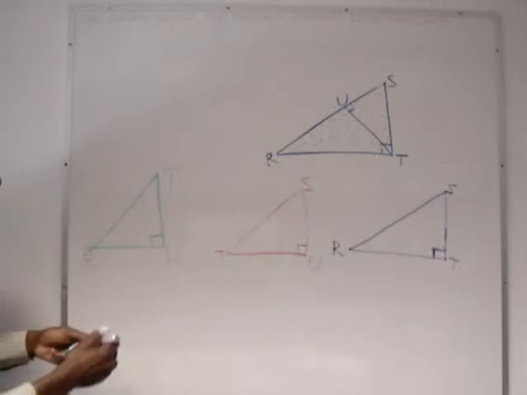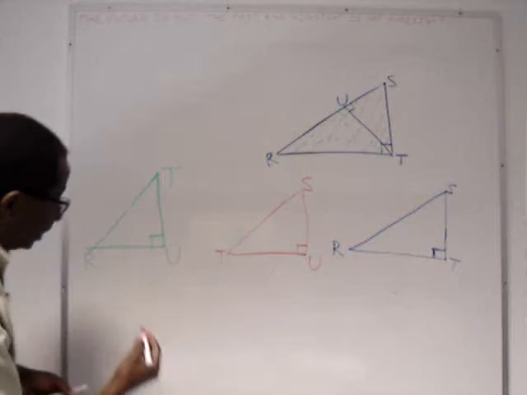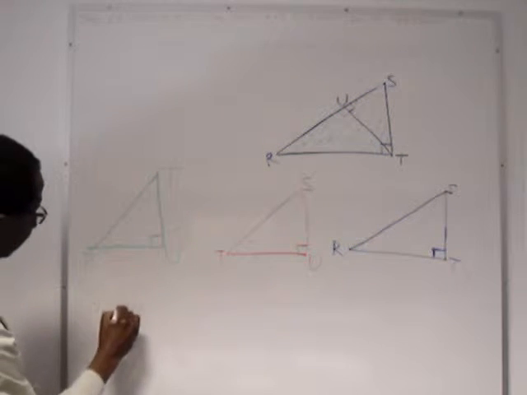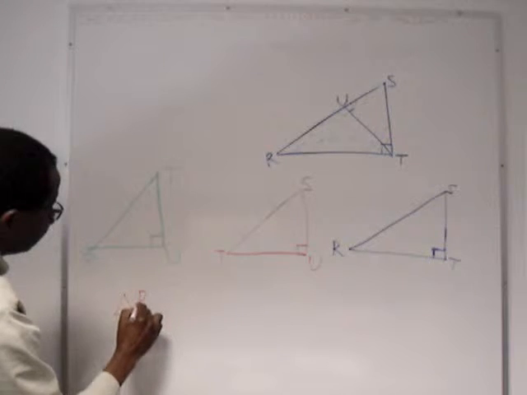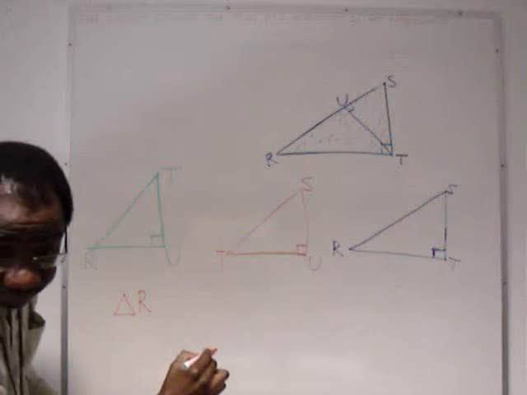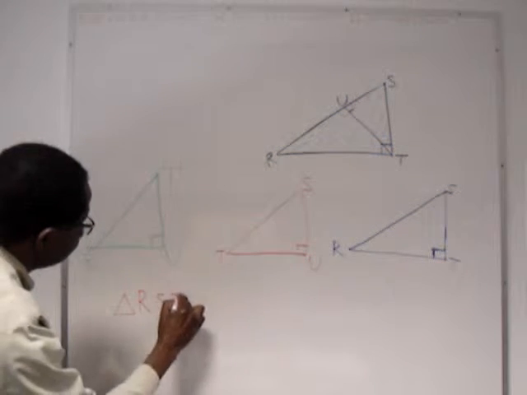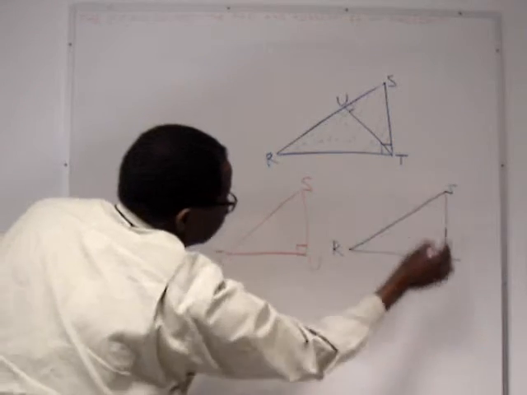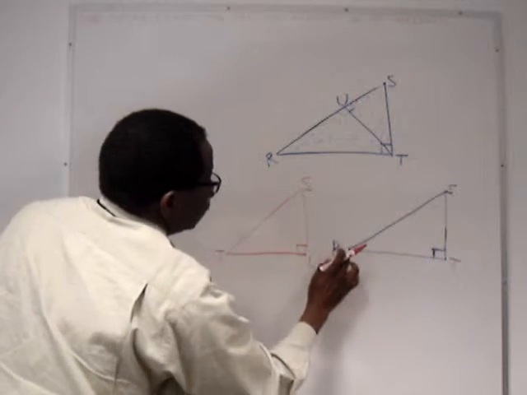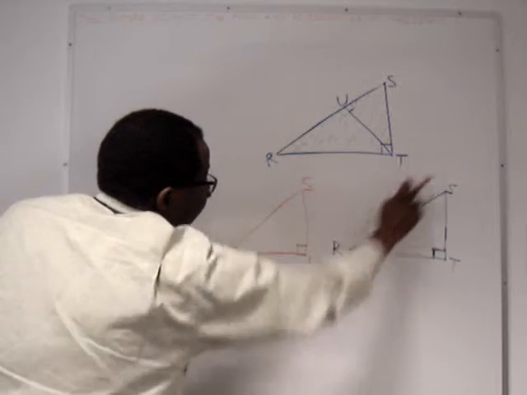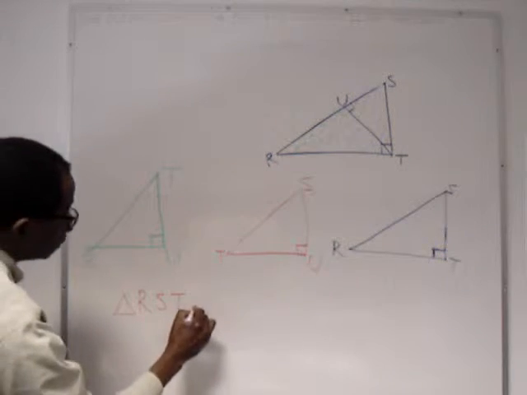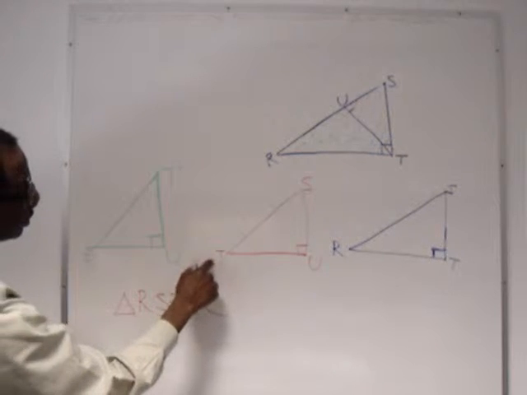Once you've got the triangles aligned, then you just say triangle, the original one, RST, always going, in that case, from this along the hypotenuse to come back down. So you must do the same for this.